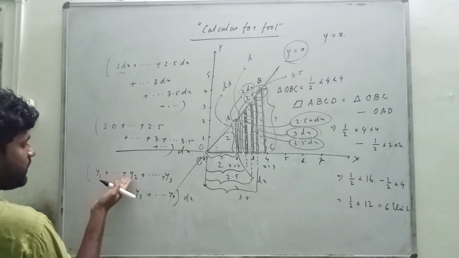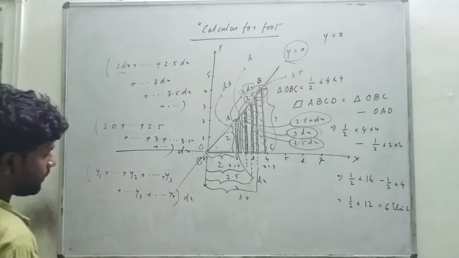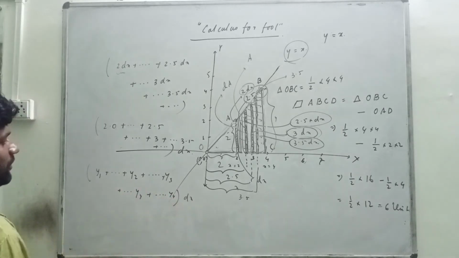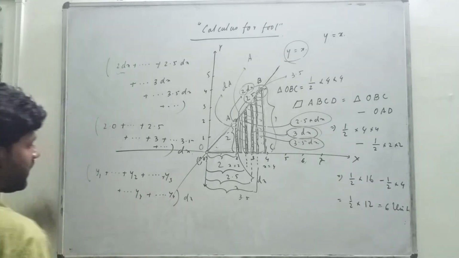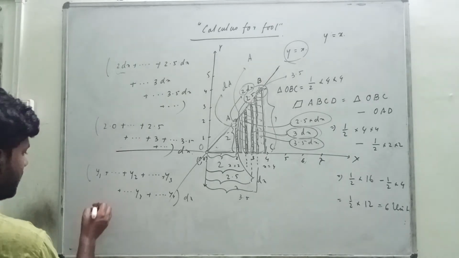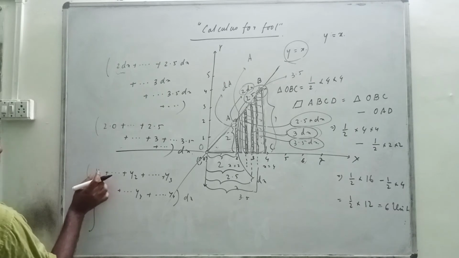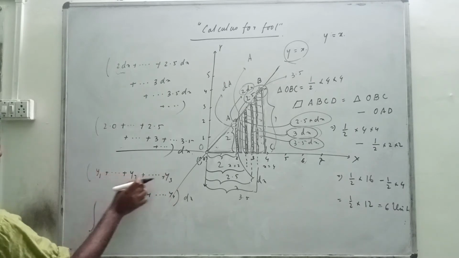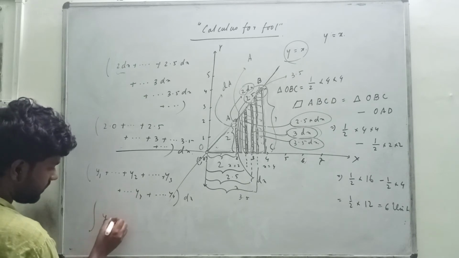Then y1 plus dot dot dot plus y2 plus dot dot dot plus y3 means, as you all know, summation, addition, right? And addition means the integral: the sum of y1, y2, and so on is the integral of y dx, right?